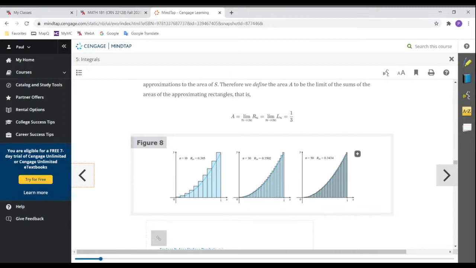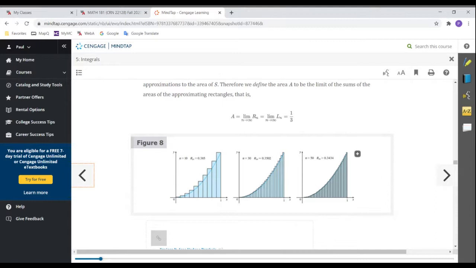So you would have 10 rectangles, each with width 1/10. And then for the height of the rectangles, since you have R sub 10 here, you compute the value of the function at the right endpoint of every subinterval, and that determines the height of the rectangle.